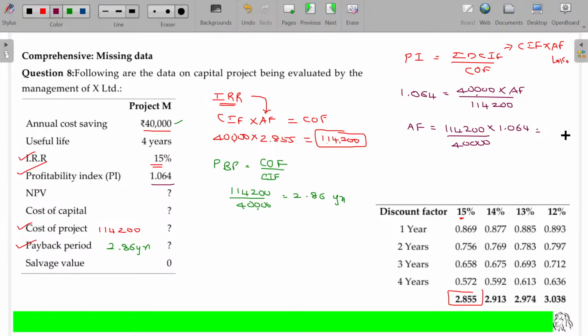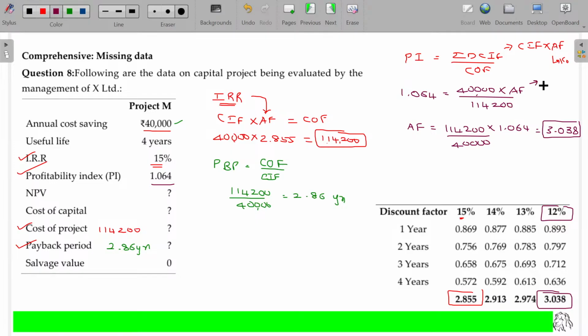The value is 3.037 or 38. So the requisite annuity factor in this case being 3.038. It means the company's cost of capital should be 12%.